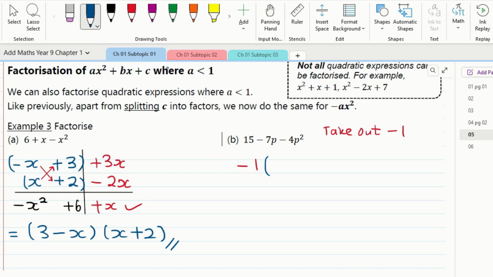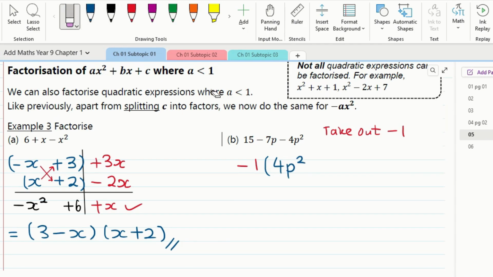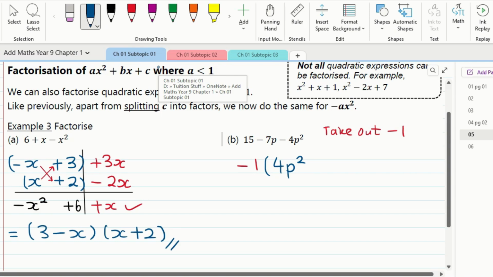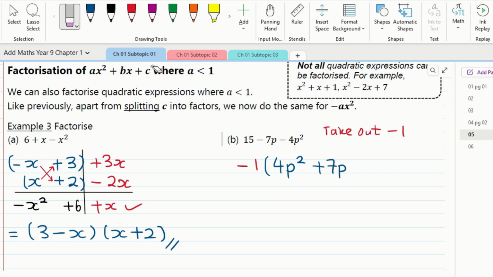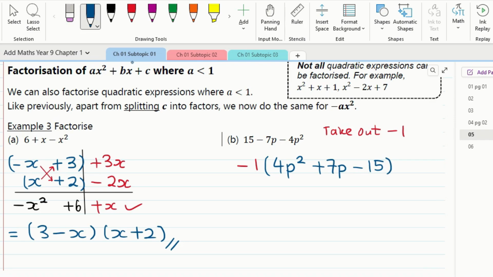So for example here, instead of negative 4p squared, you will write down 4p squared positive, because you took out the negative already. And then the negative 7p will become plus 7p, and then the positive 15, you will write it down as negative 15. But then here, the negative 1, you can leave it as a negative sign only. Okay, it's the same thing.